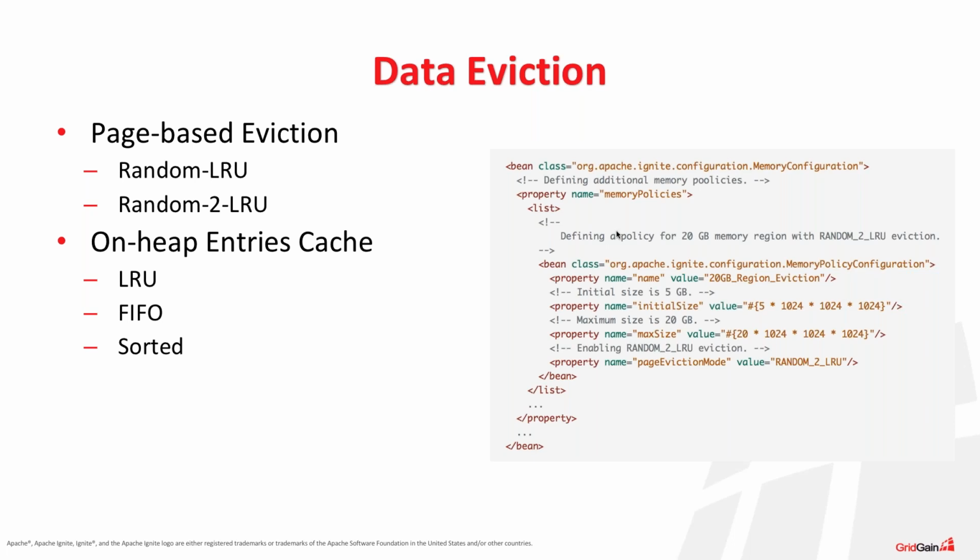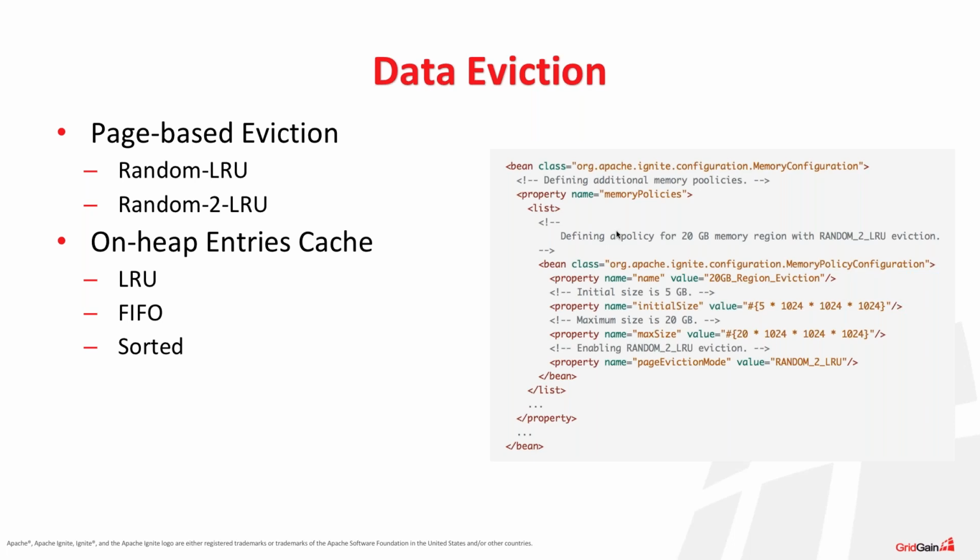And we will be removing pages with all the entries that are stored inside. However, if you use, for instance, our persistent storage that is to be released pretty soon, then the data will not be lost because it will be located on disk. Or even if you use some other third-party storage like a relational database, then this data will already be persisted in that database. So this is needed only for the scenarios when you have scarce RAM resources.